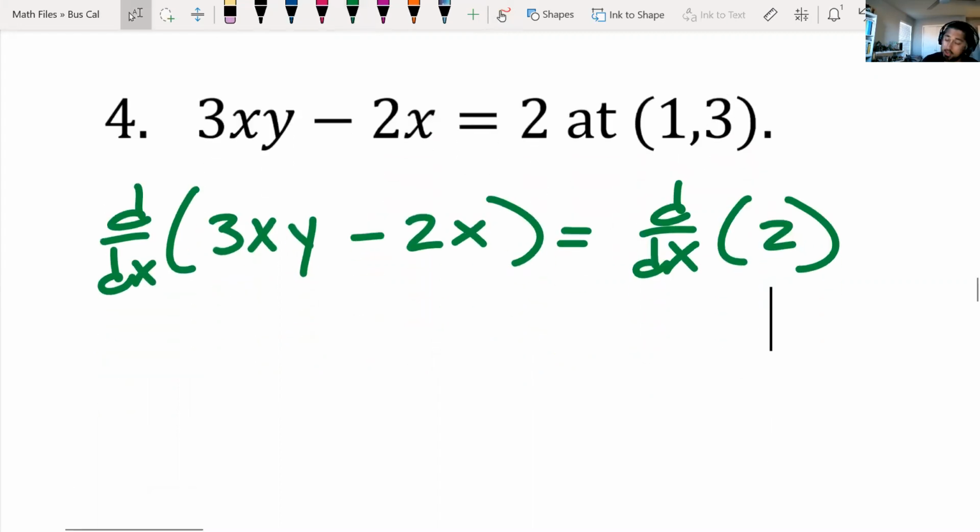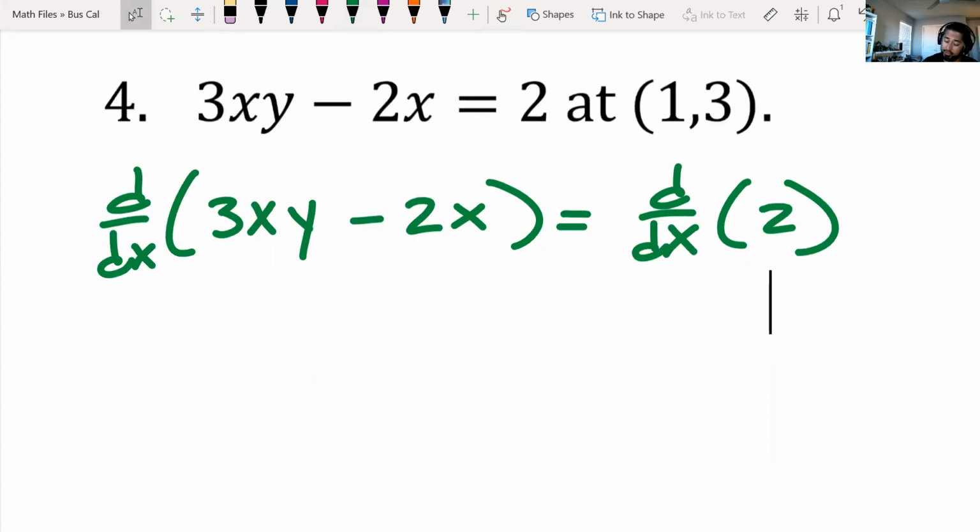And then here we're going to have to take a moment to pause, because this 3xy, since it's implicitly defined, means that x and y are their own functions, which means that if you have x times y, we have to introduce what rule? What is the rule we have when two functions are multiplying each other and we want to take the derivative of them? You add them?